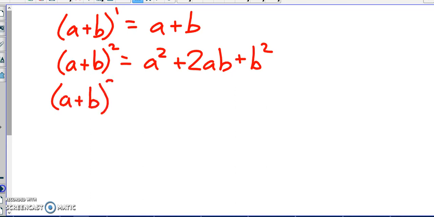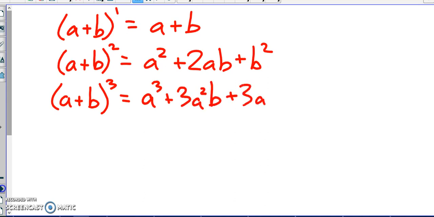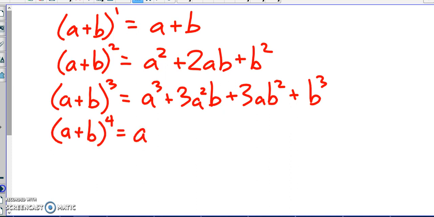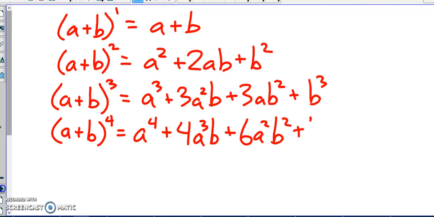A plus b cubed, I use all the binomial coefficients with 3 in them. So this is a cubed plus 3a squared b plus 3ab squared plus b cubed. A plus b to the 4th power is a to the 4th plus 4a cubed b plus 6a squared b squared plus 4ab cubed plus b to the 4th.